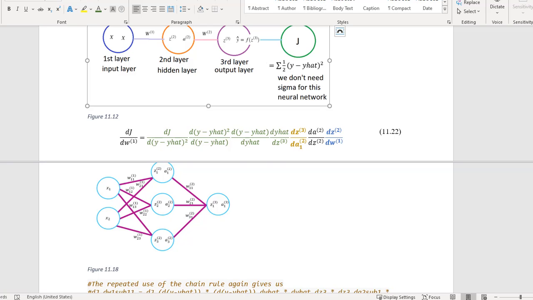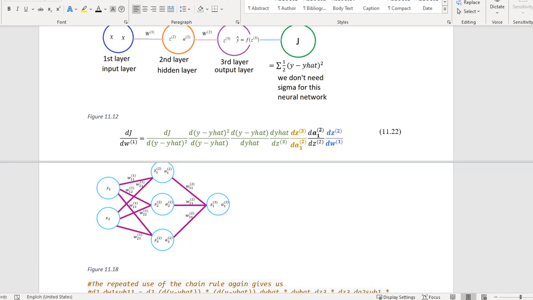And then we need to change this to A2 sub 1 as well. Instead of dA2 sub 1 dz2, which was for here, this is now called z2 sub 1, so we have to change that to z2 sub 1.